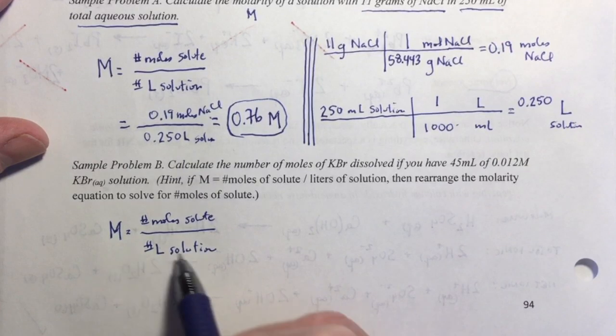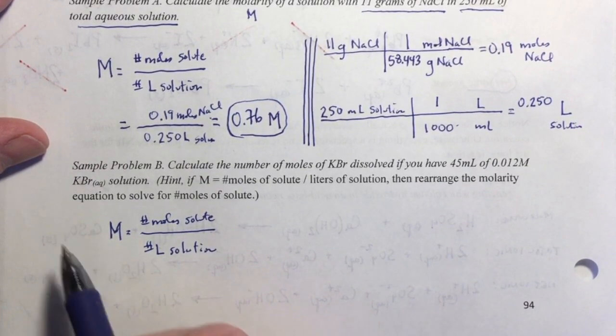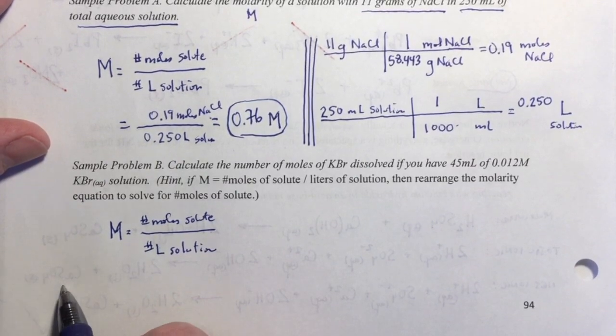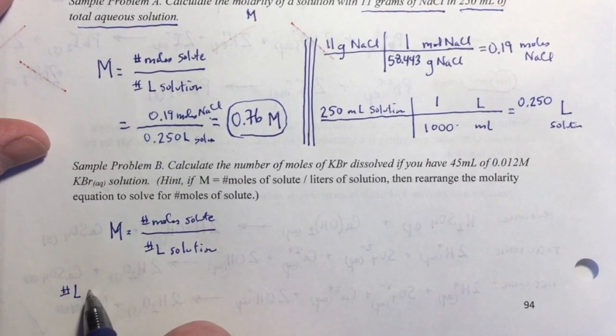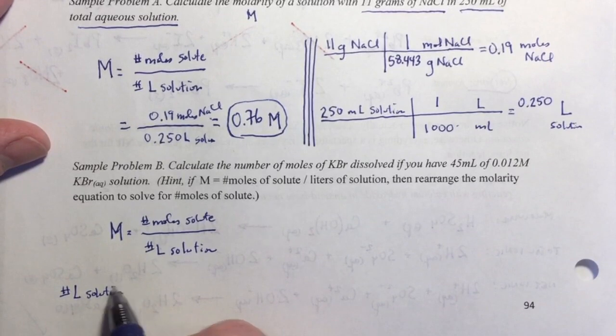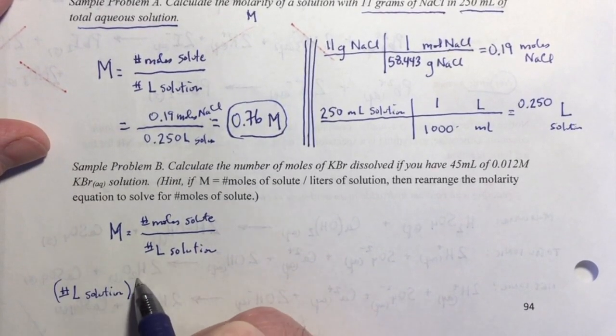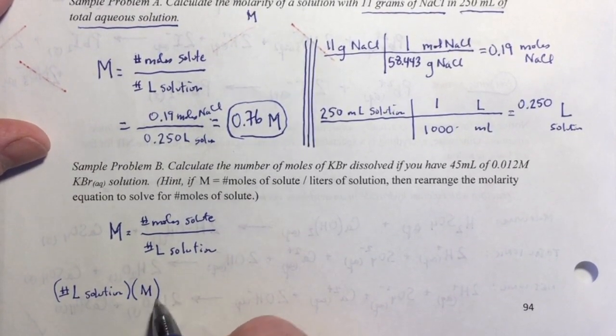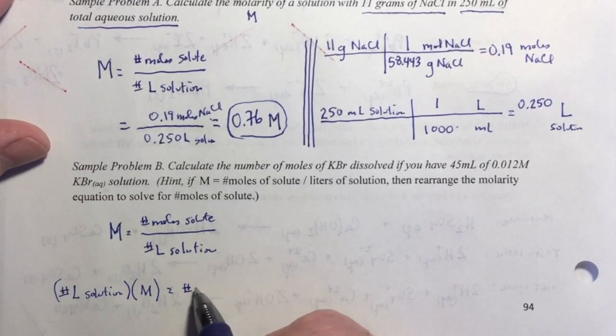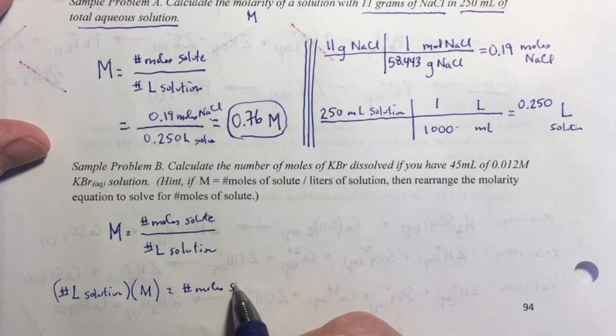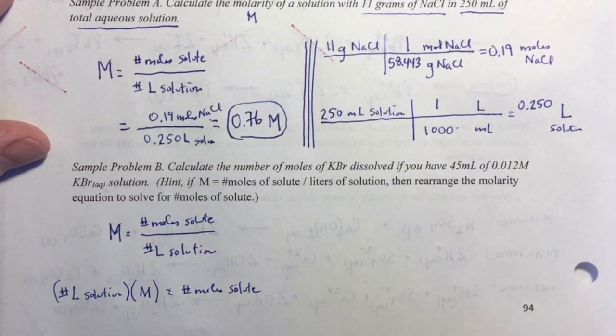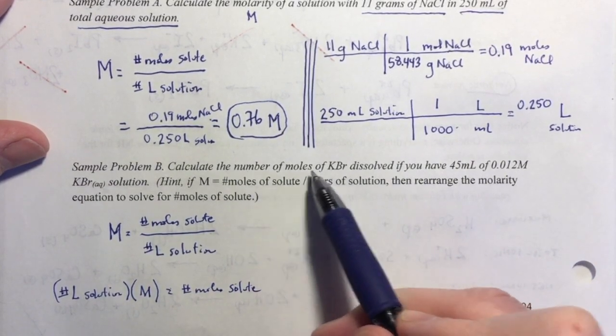So that basically means I'm going to bring this number of liters of solution over here. So it's the number of liters of solution times the molarity of the solution equals the number of moles of the solute. Because that's what we're looking for, the number of moles of that solute.